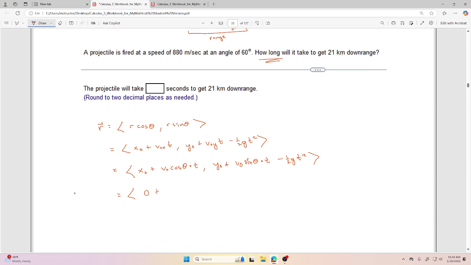What's my initial velocity? Yep, 880. And my angle was? Perfect. Again, all that's going to be a number here in a second. Assuming a 0, 880 sine of 60 times the t. Now, last time, like yesterday, we had gravity. I had mentioned it was like the 32 or whatever.